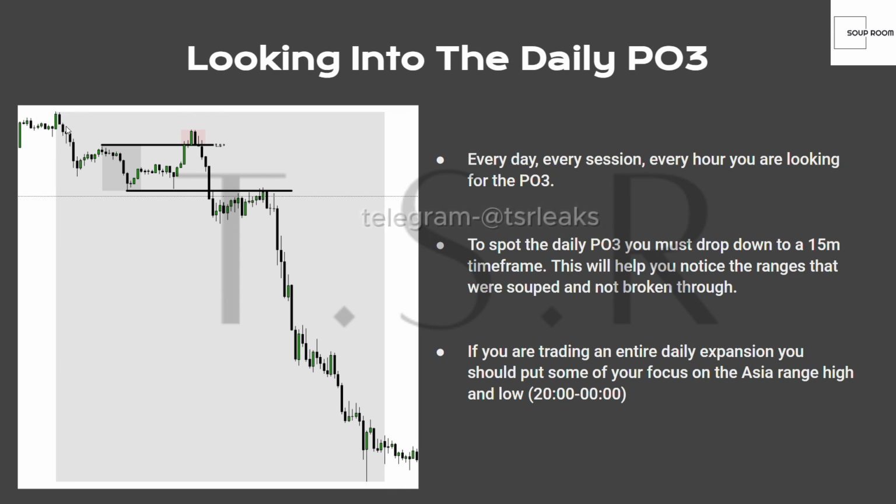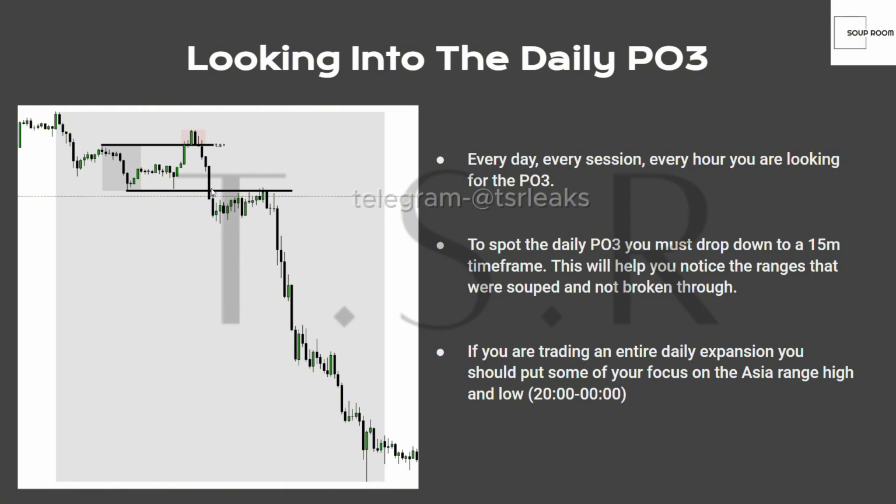As you can see, price opened, dropped lower, formed the Asia range high and low, turtle souping that Asia range high, entry short, breaking through the Asia range low, not rejecting the low, instead we are breaking through the low. This confirms bearish thesis.